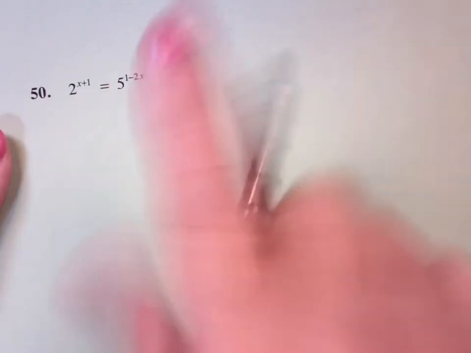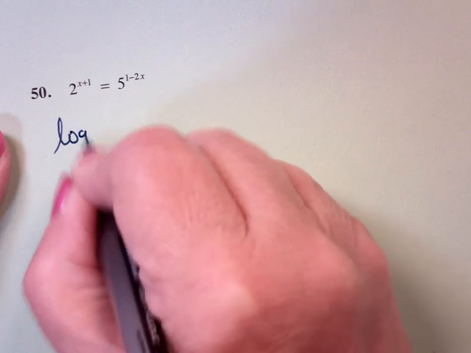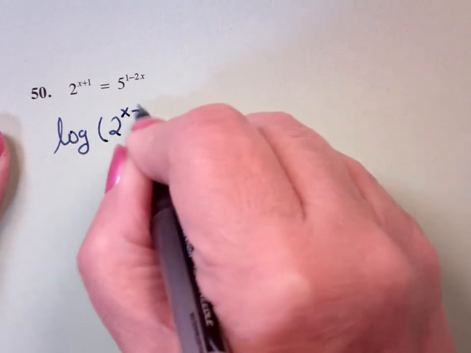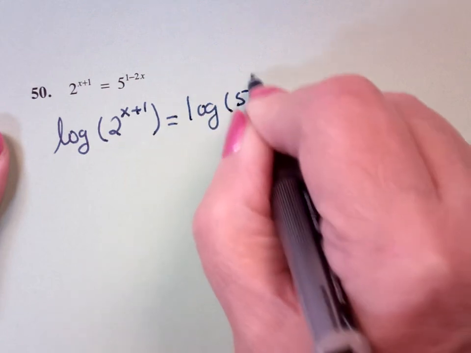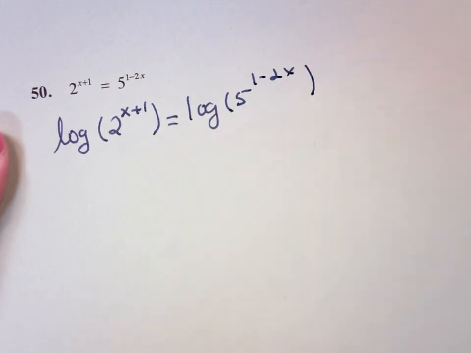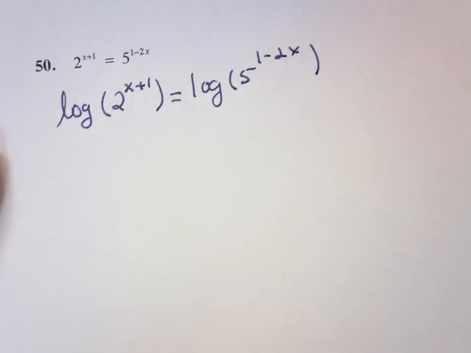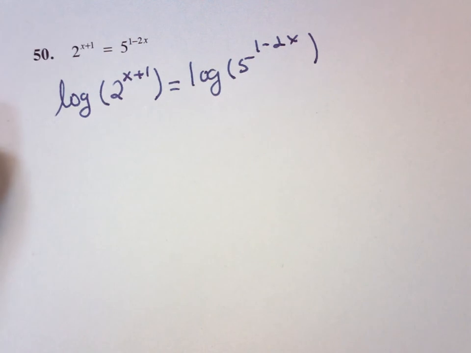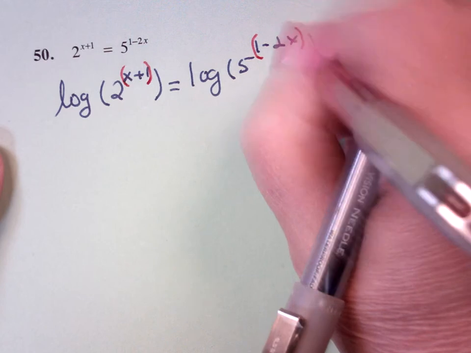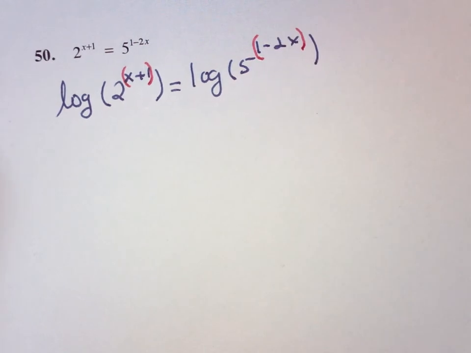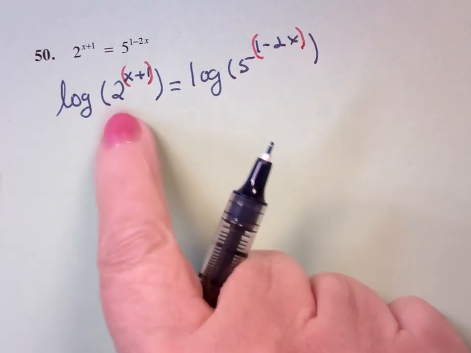So if two things are equal, that means that the log of those two things have to be equal. Now, this is where, because we're in college algebra now, you have to learn to dot your I's and cross your T's. Because this is more than one term, when that exponent comes down, that's more than one term that's going to multiply that logarithm that's left.